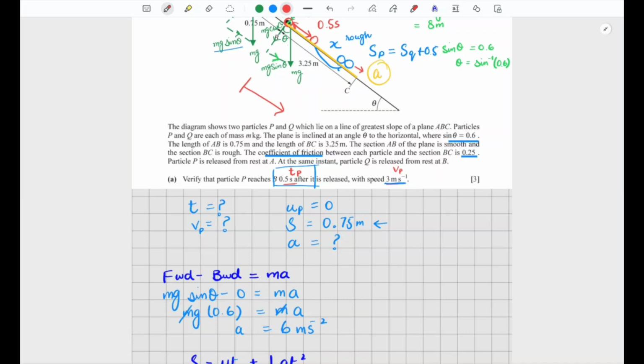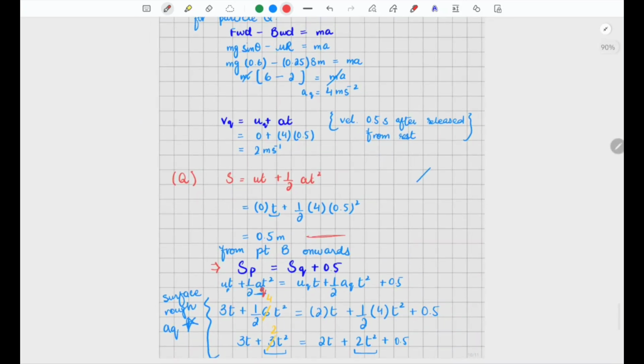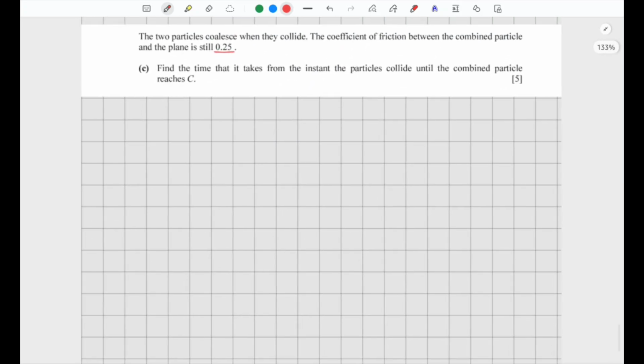So it was released, and in 0.5 seconds initially it has covered 0.5 meters. This we already have found. Now we need to find what further distance it has covered, again in the further 0.5 seconds.